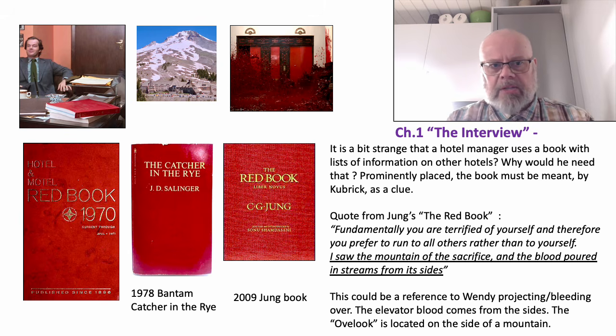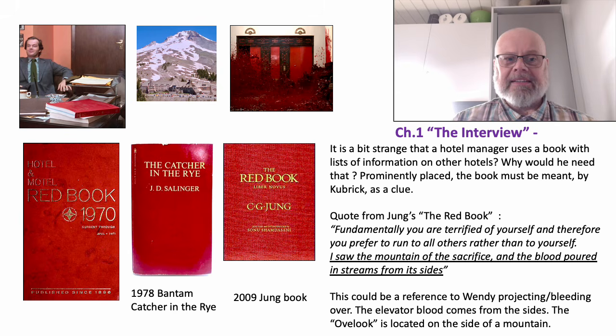And it looks very much like the Catcher in the Rye, the same golden lettering and the red cover. And interestingly enough, when the Red Book was published in 2009, it had the same color and golden letters. What a coincidence. It must be a coincidence, but incredible.